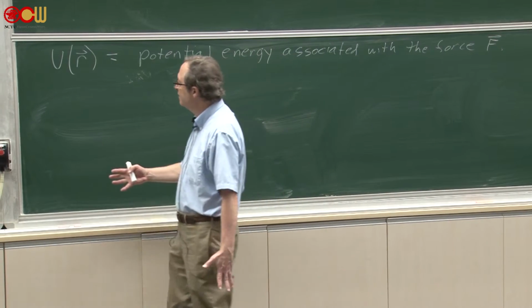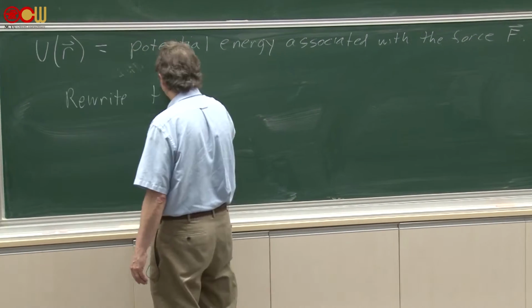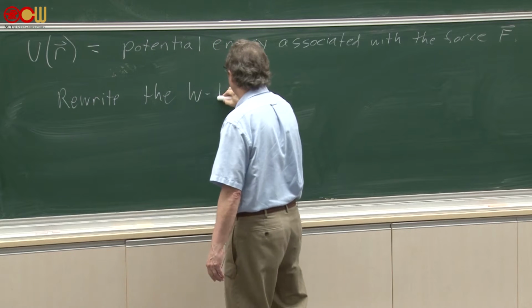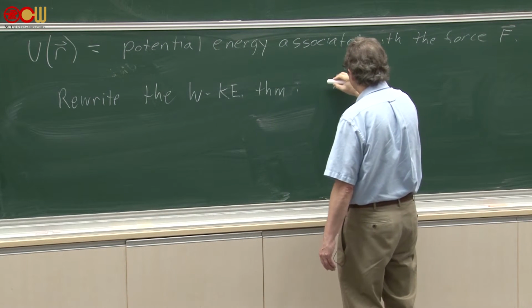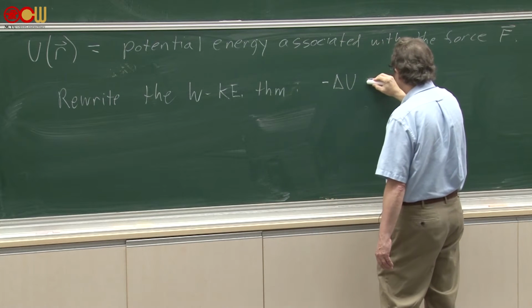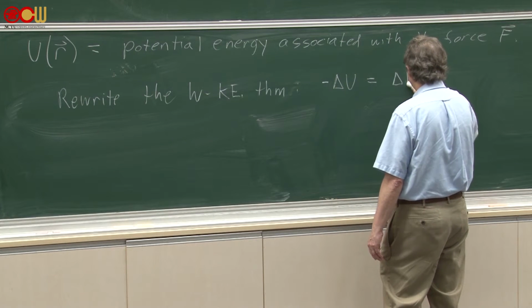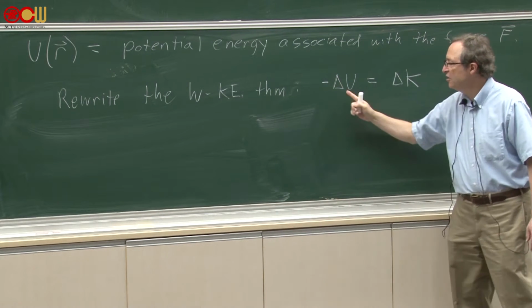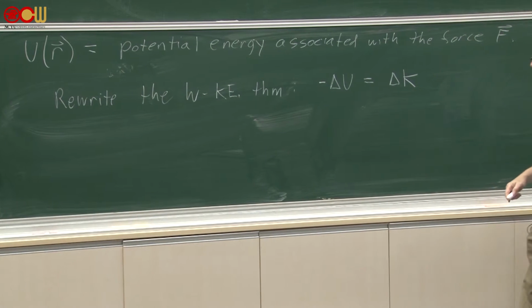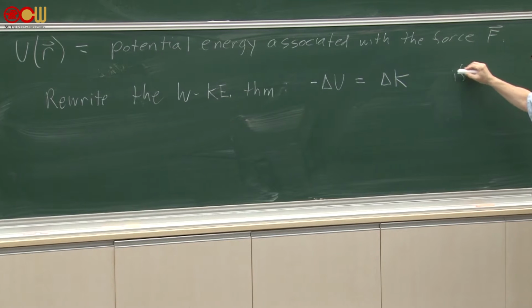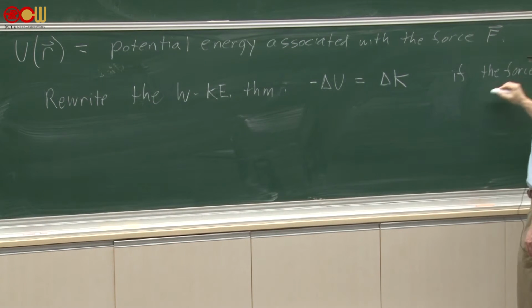The result of this is that we can rewrite the work kinetic energy theorem as minus delta U equals delta K. The change in potential energy is equal to the change in kinetic energy, if the force is conservative.